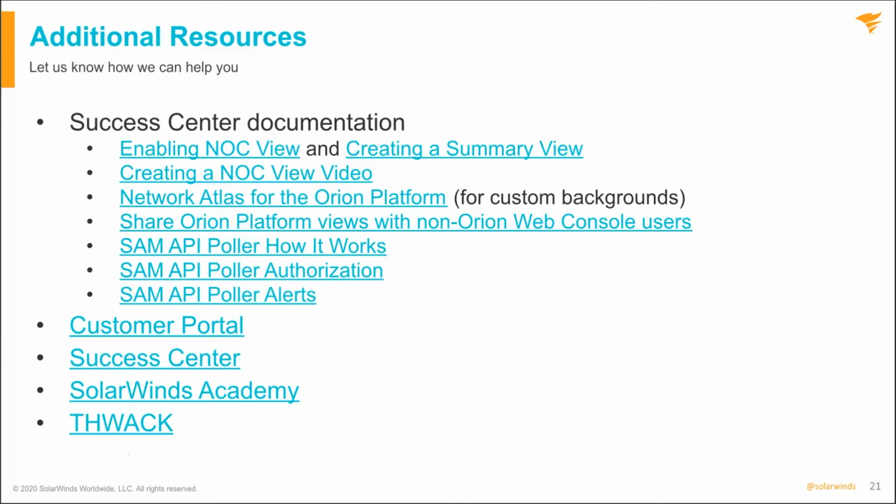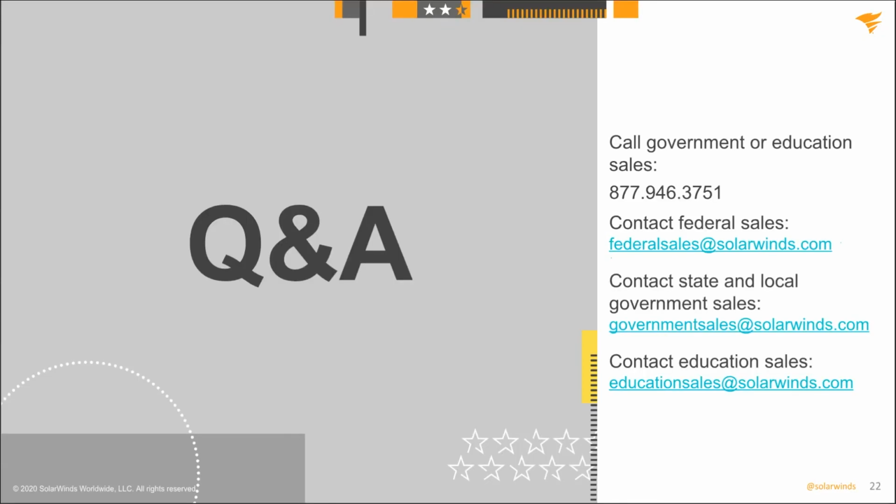Those first two will definitely go in there for creating a view and enabling it. If we need to go through the maps and systems, we have the Network Atlas, and also the Orion maps as an option, and then the API. So how does the API work? Utilizing authorization alerts, and then access for the portal, and all that is available in here.